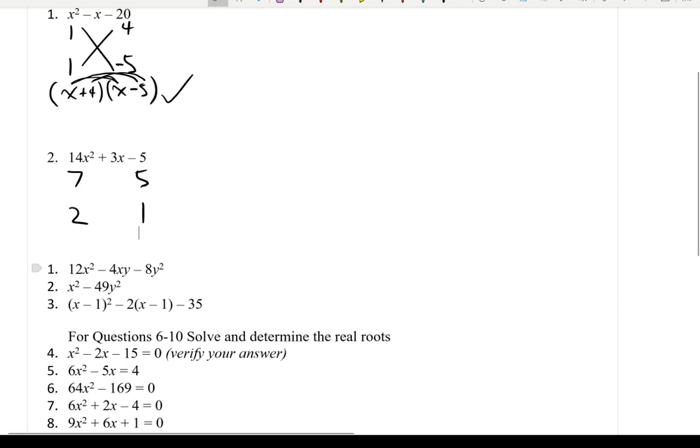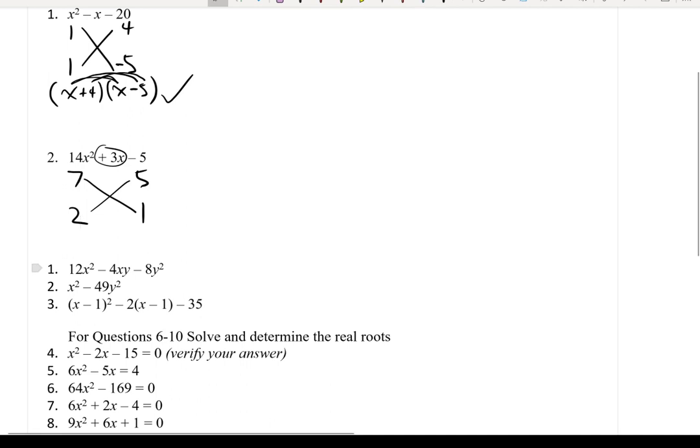So 7 times 1 will be 7x. We want 10 minus 7. That works. So 10 minus 7 will give me positive 3.